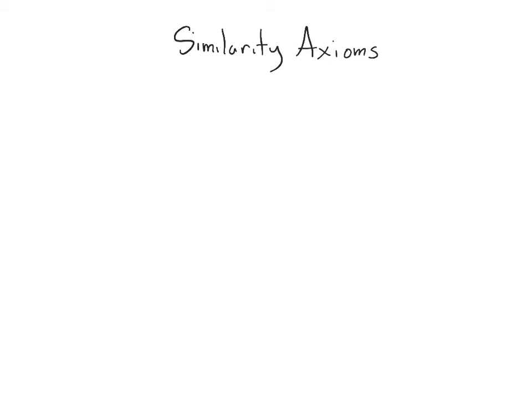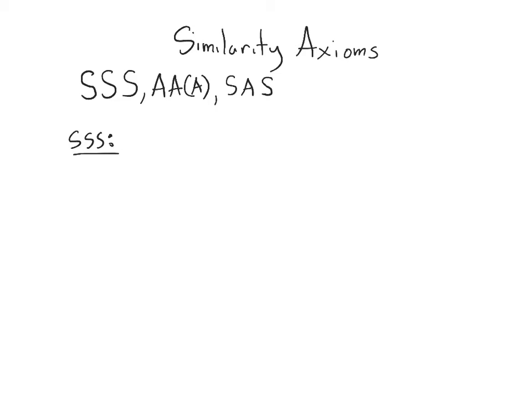But the similarity axioms, they're side, side, side, angle, angle, well, angle, and I'll explain why I put that in brackets in a second, and side, angle, side. So basically the first one, side, side, side, says the following.